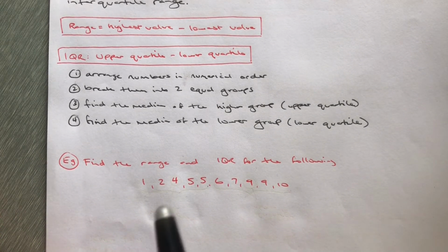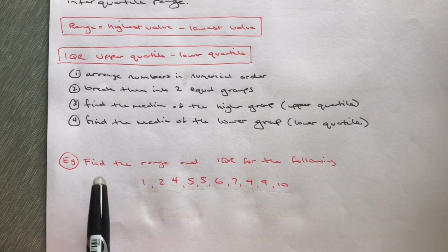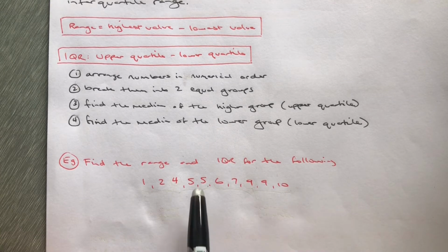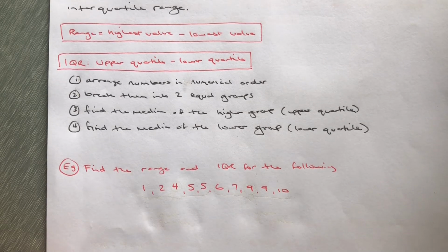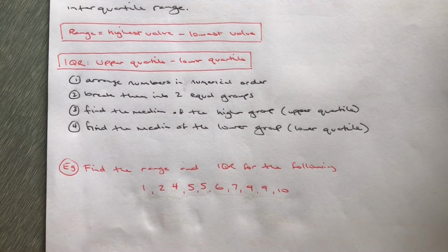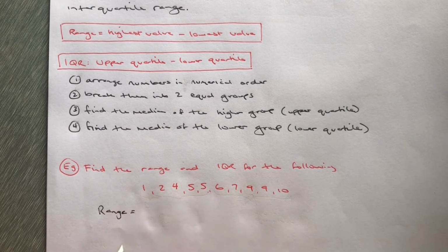Now, we can go through these steps soon, but I just want to read out our example first. It wants us to find the range and the interquartile range for the following. So here's our set of numbers. Now to find the range, we need to find the highest value and the lowest value. So range equals the highest minus the lowest.